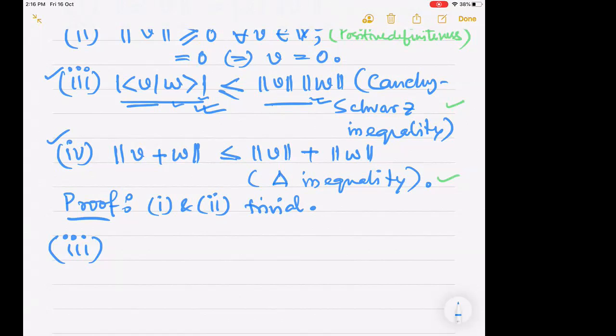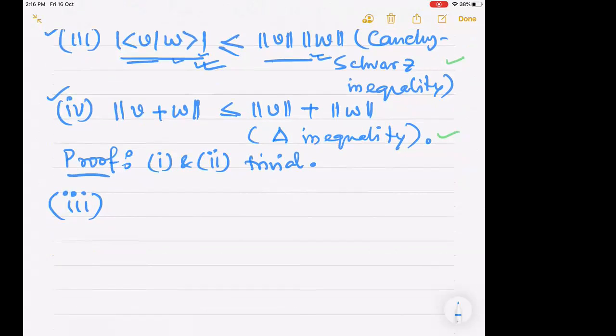It's not the other way around. For R2 and R3, it's the other way around: we use cosine to get the Cauchy-Schwarz inequality. However, now that we have abstracted everything, we'll prove the Cauchy-Schwarz inequality independently from the axioms, and from there we'll define that this is the cosine. Now, how do we do this?